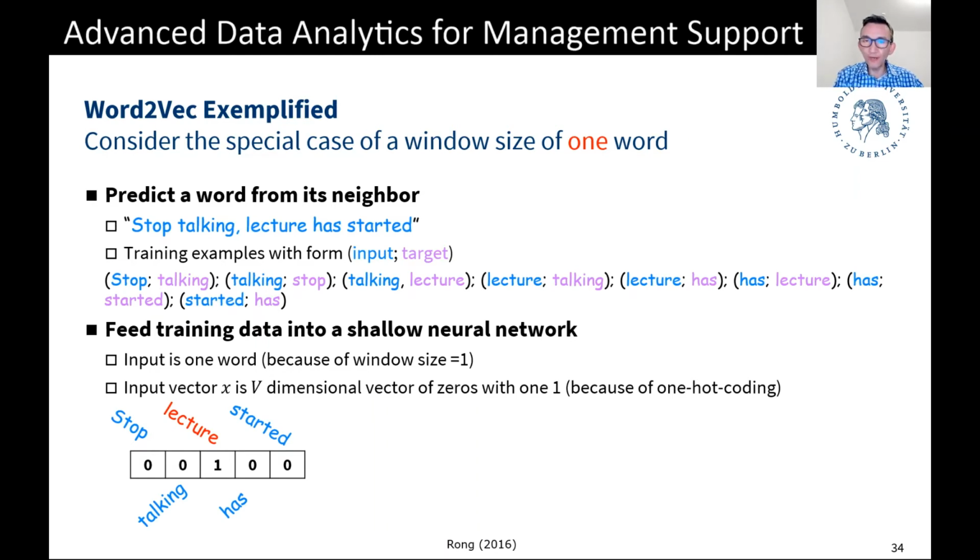So you see how we incrementally move our window over our text, always using a context window size of just one word, and then create these training examples where we have neighboring words, just one, a simplification, but leave it for now, and predict the neighboring word.